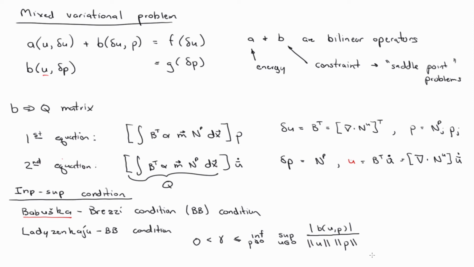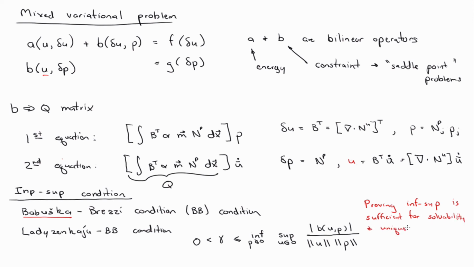So basically what this is saying is if you can prove that this is greater than some positive constant, then this is a sufficient condition for the solvability and uniqueness of that system of equations up there. So proving inf-sup is sufficient for solvability and uniqueness.